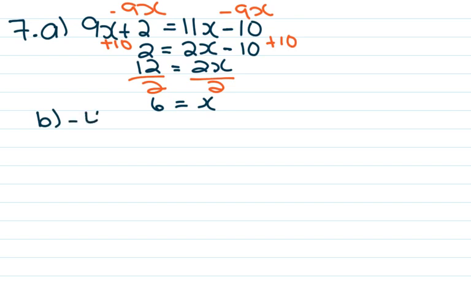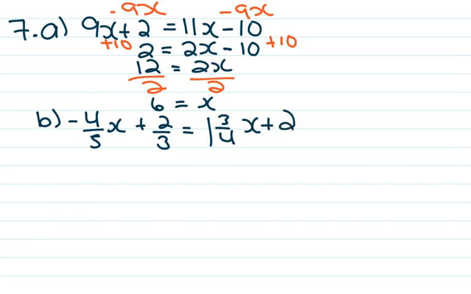B, negative 4/5 x plus 2/3 equals 1 3/4 x plus 2. So this one looks really confusing because it has a lot of fractions. But first we're going to get rid of the fractions.